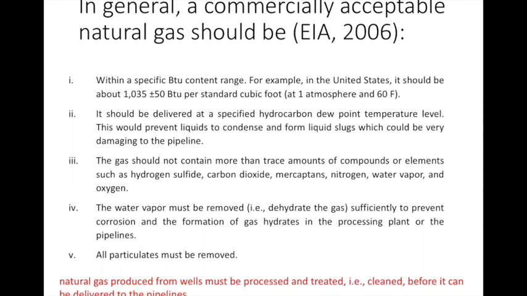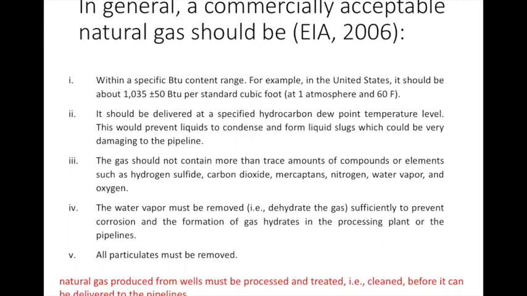Also, next point, it should be delivered at a specified hydrocarbon dew point temperature level. Why this is important is that the dew point is related to the amount of liquid being generated, right? If we are working near the dew point, the largest chance is that liquid slugs are generated, and we have seen in multi-phase flow that these liquid slugs are harmful and actually cause damage to the pipeline.